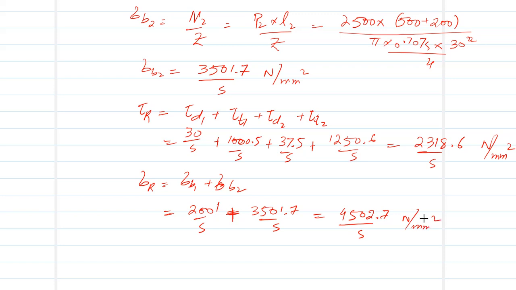So the total shear stress in the circular weld is 2318.6 divided by S Newton per millimeter square, whereas the total bending stress is 5502.7 divided by S Newton per millimeter square.